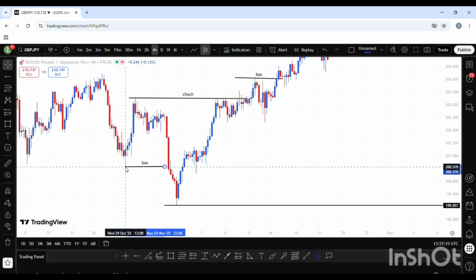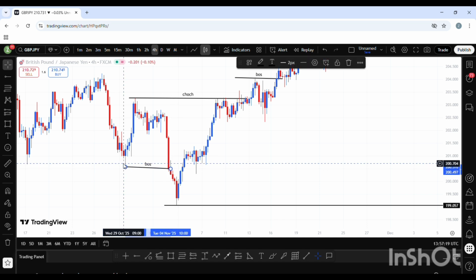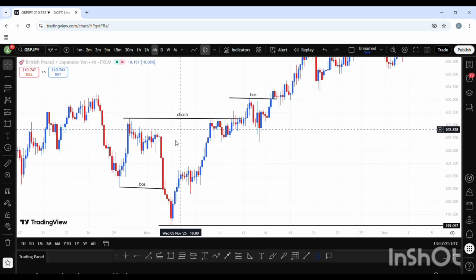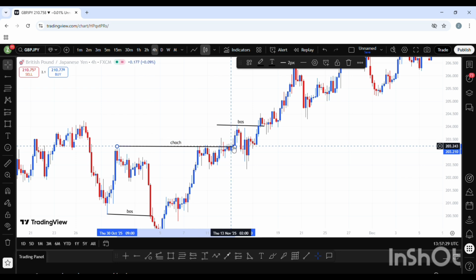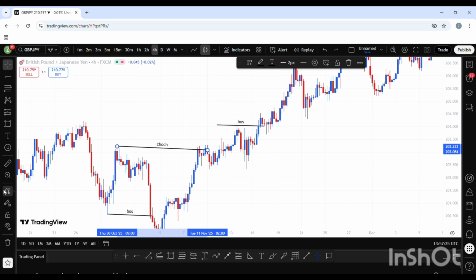Okay, so going to the lower time frame, which is 4 hours, we have to adjust everything and just make sure that it aligns, because mapping an order block in daily, mapping a breakout structure in the daily time frame, going down, it keeps changing because time frames are different.